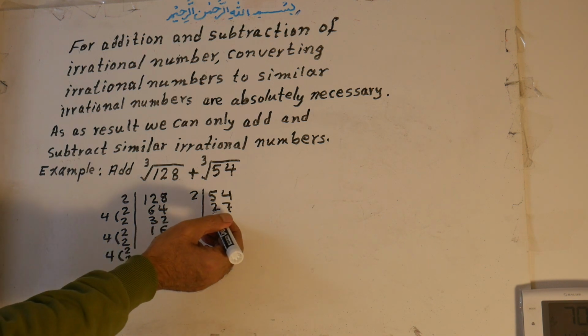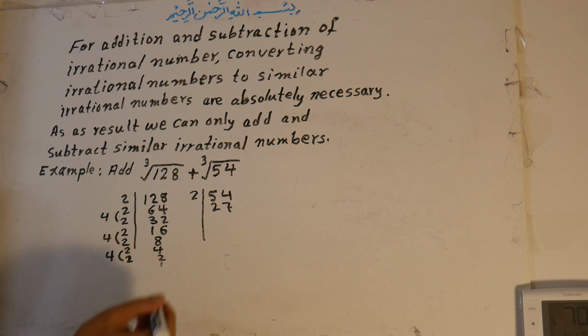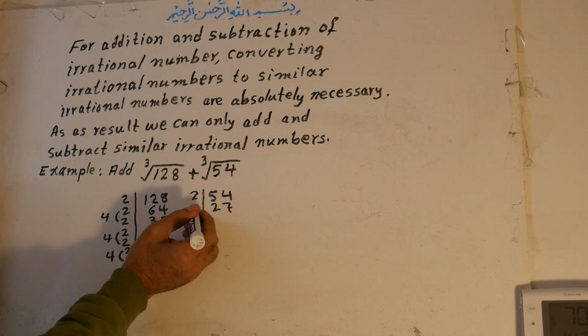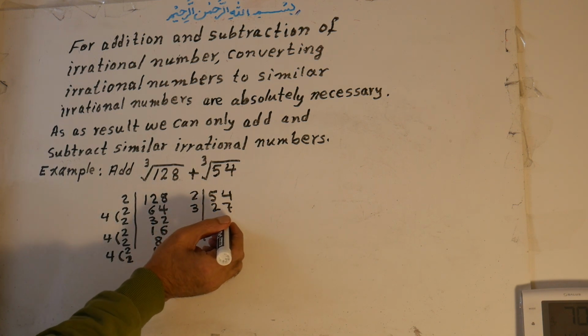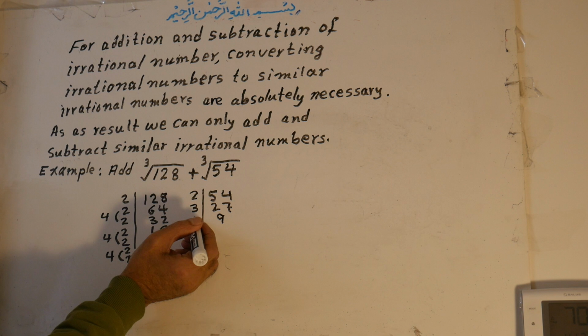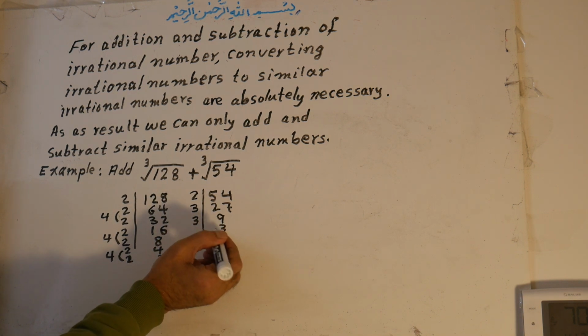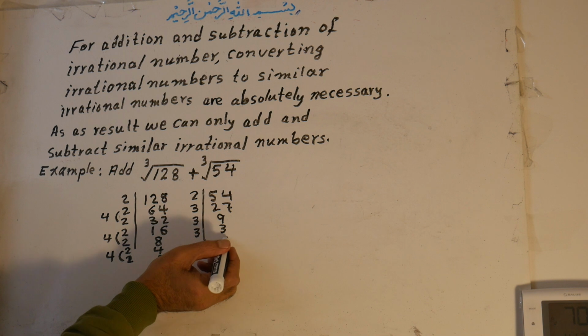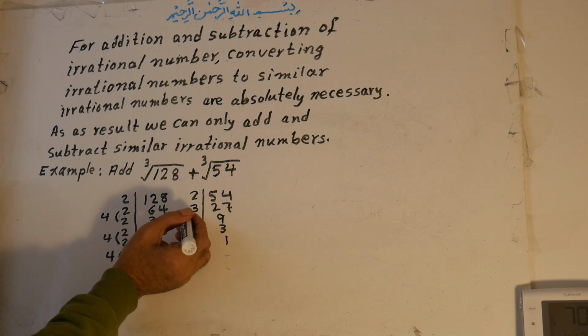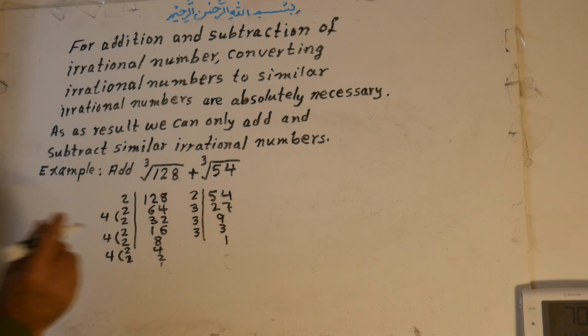Now because the total number of digits is 2 plus 7, which is 9, we can divide this by 3. 9 times 3 is 27, 3 times 3 is 9, and 1 times 3 is 3, and there is 3 and 1 2.